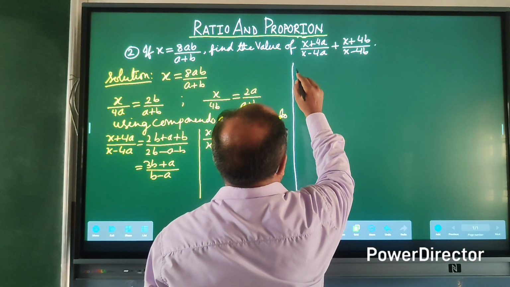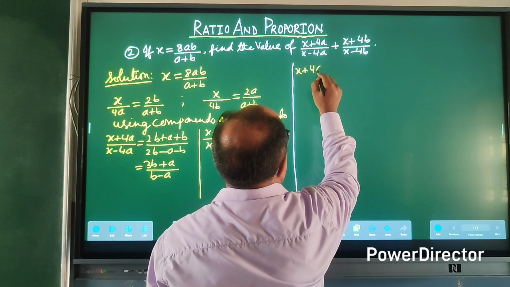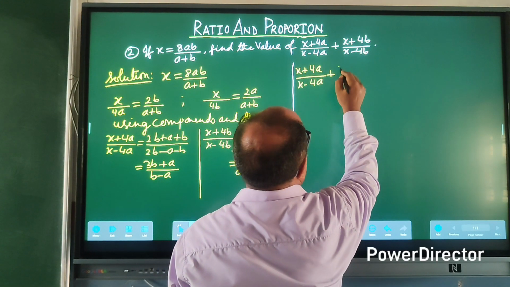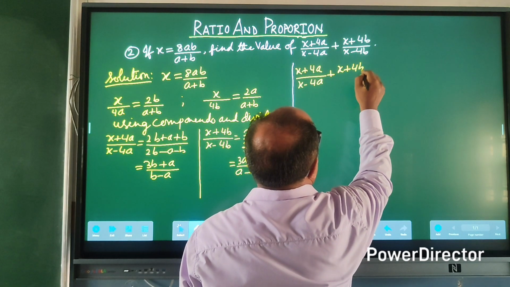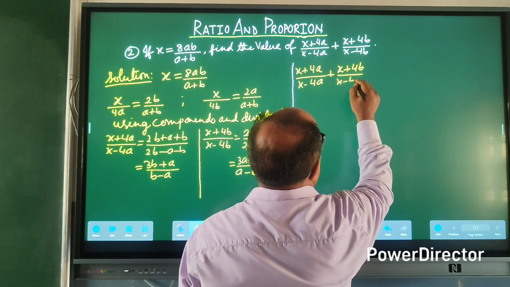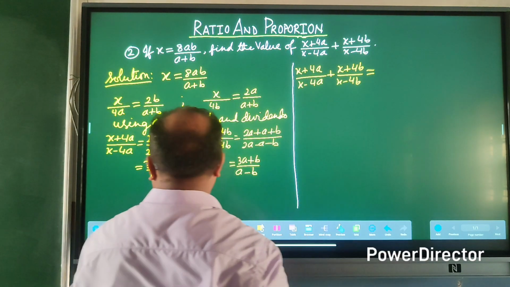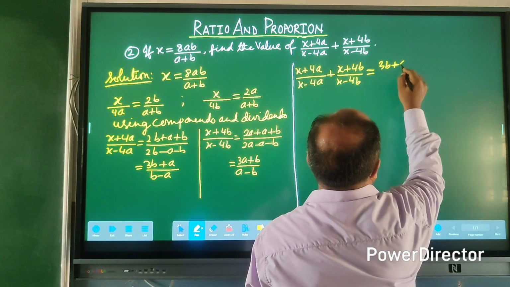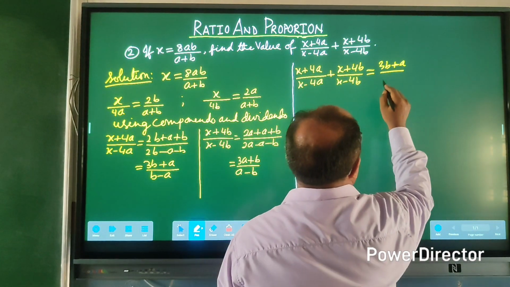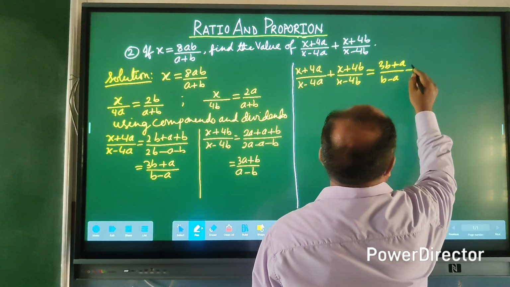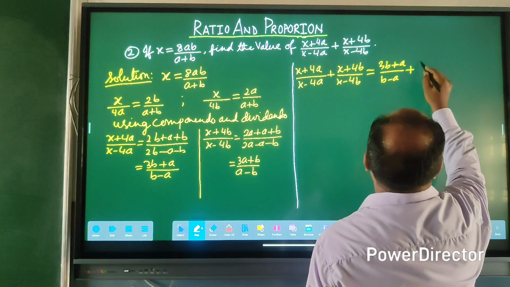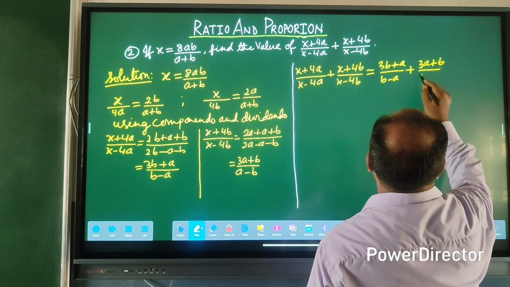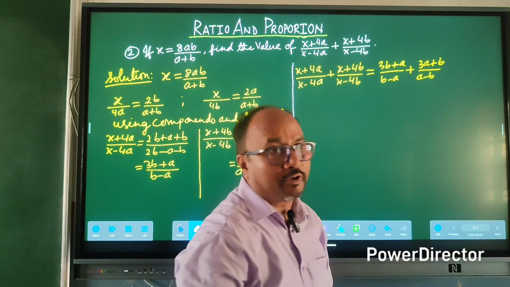So I will write this part, x plus 4a by x minus 4a plus x plus 4b by x minus 4b, and put the value 3b plus a by b minus a plus 3a plus b by a minus b. So I have just substituted the value.